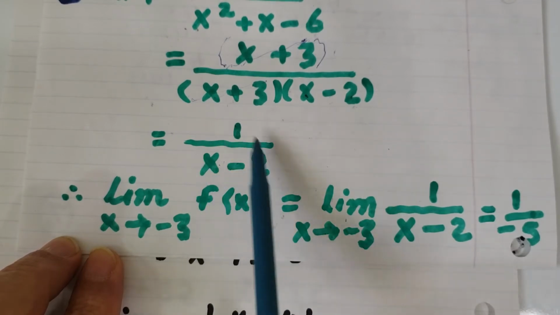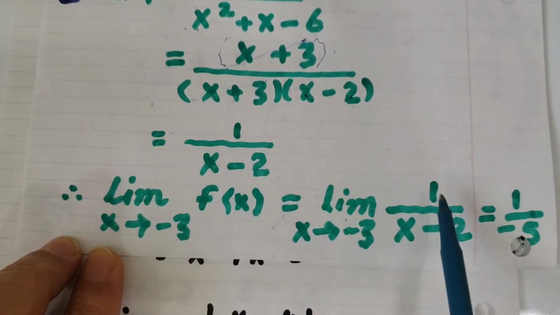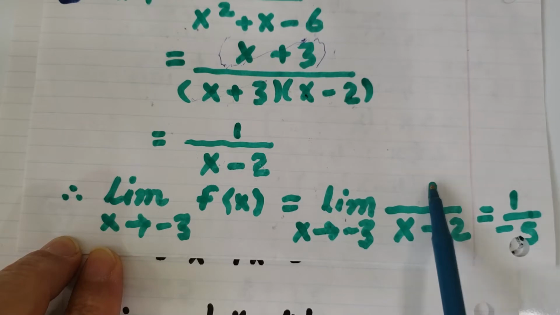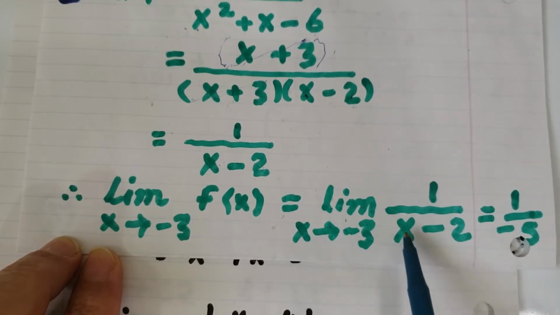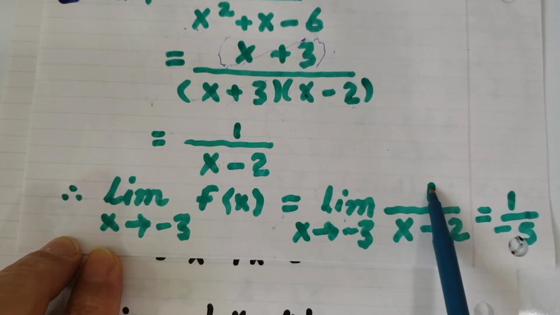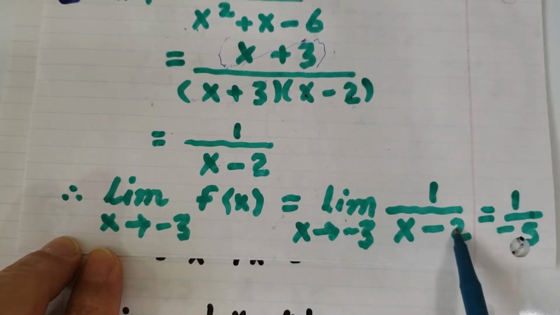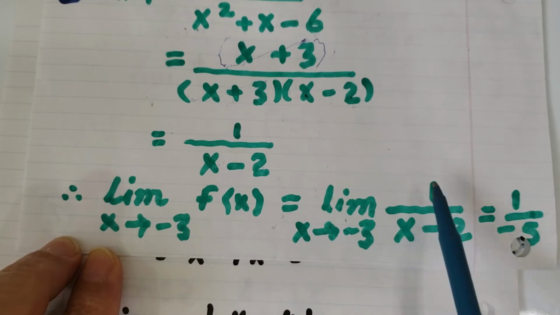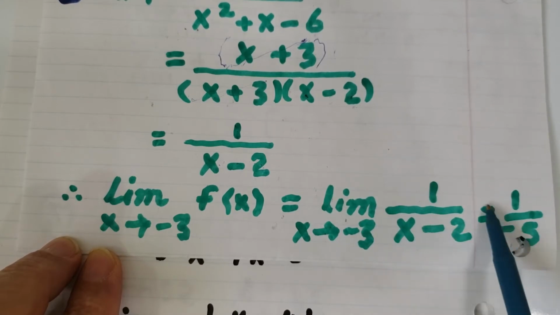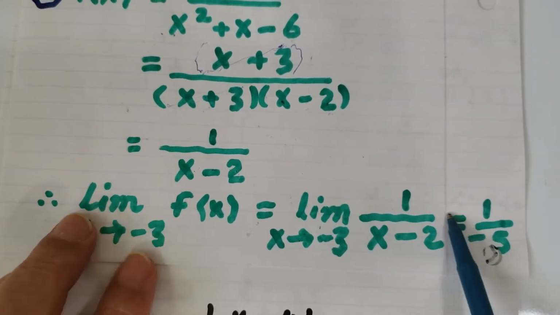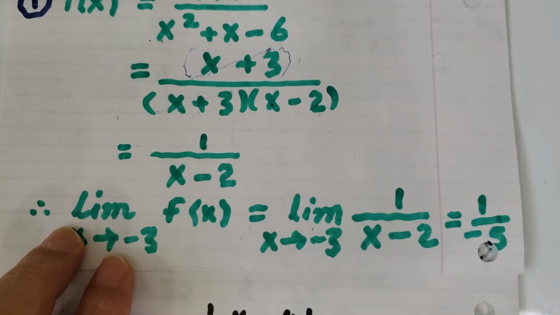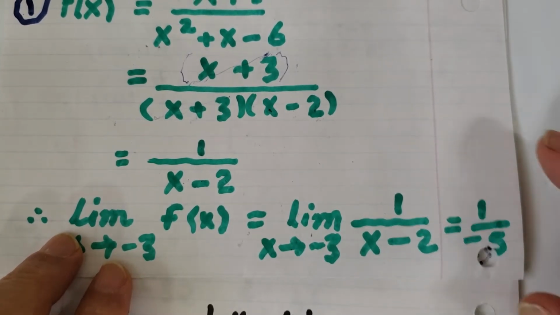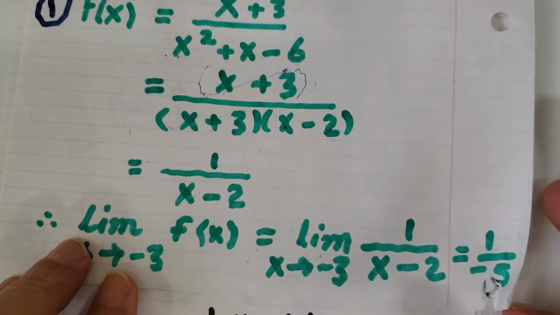When you substitute x equal to minus 3 in the new form, the limit will be 1 over minus 3 minus 2, which is 1 over minus 5. So the limit is 1 over minus 5. Okay, this is the first question.